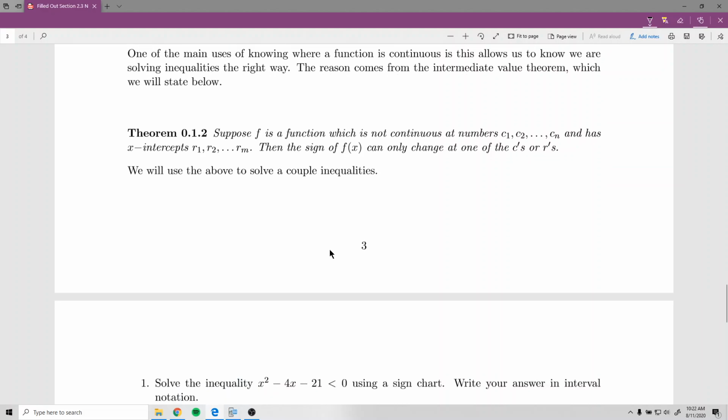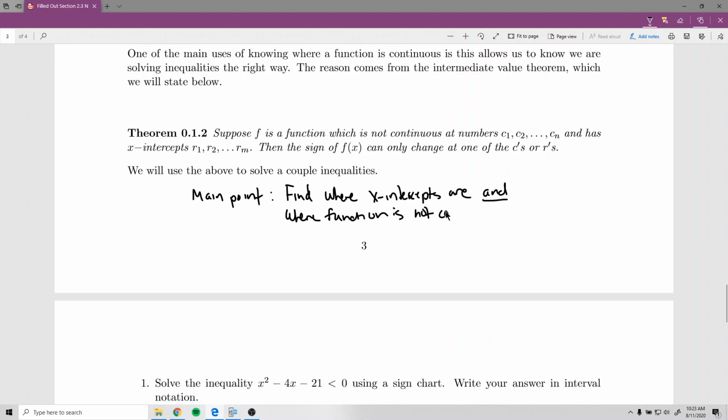All right, so we will use the above to solve a couple inequalities. The main point here: find where the x-intercepts are and where the function is not continuous.